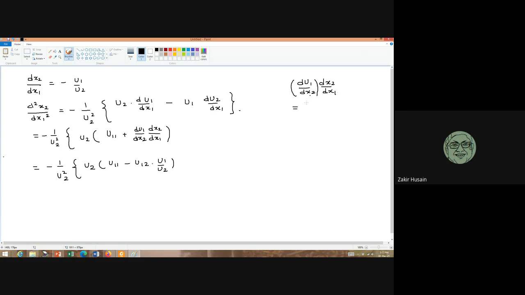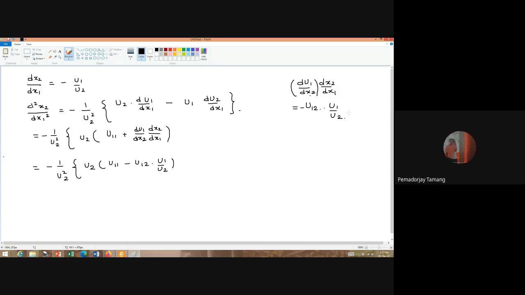Okay, so this is u12. We can write this as u12, right? And what is dx2 by dx1? This. Right?